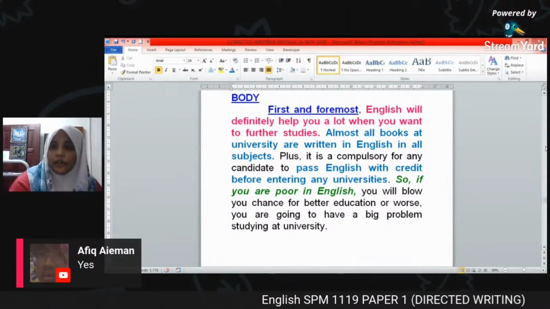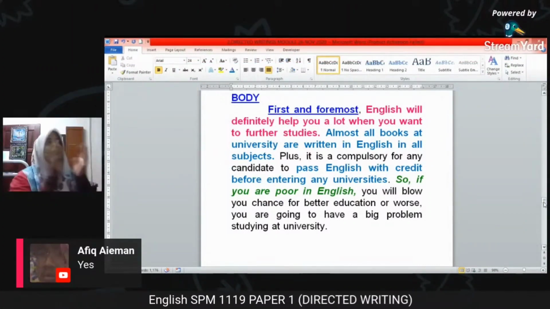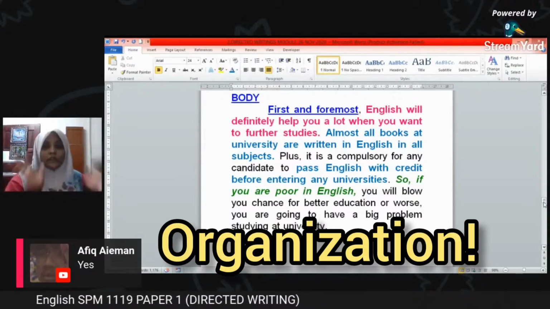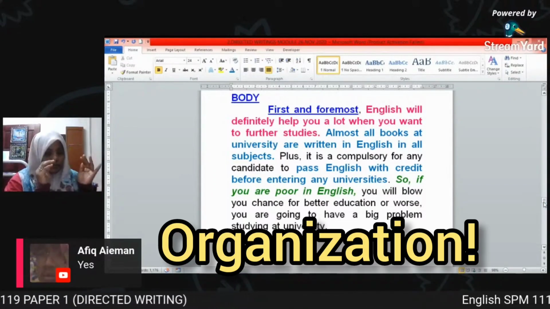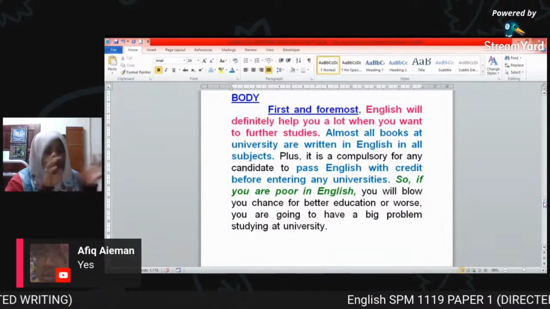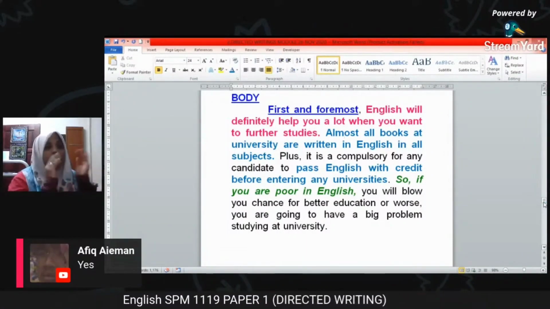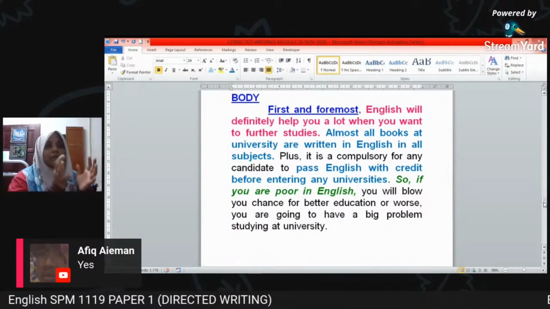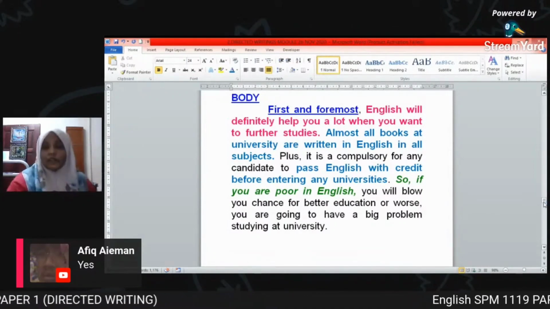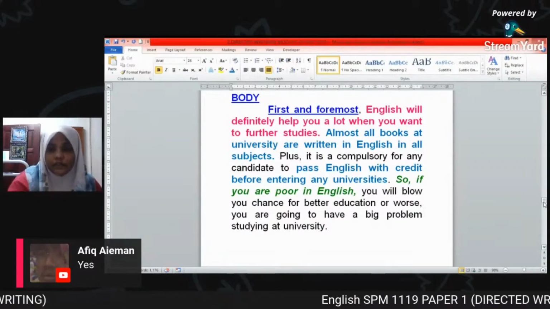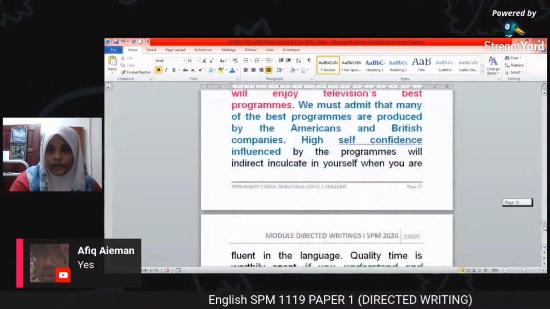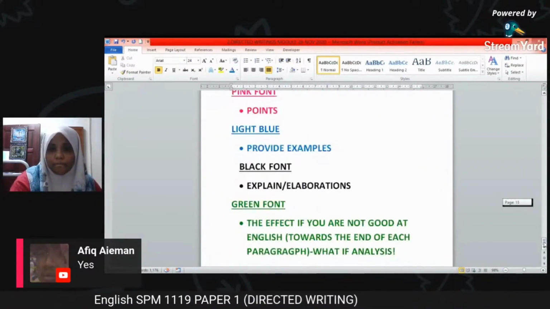Now, you have to understand that if you can organize your points, if there is coherence in the sentences and in the ideas that you're going to present, it will be easier for the examiner to understand what you are saying. Now, why is this coding in colors being done? Okay, let's have a look.